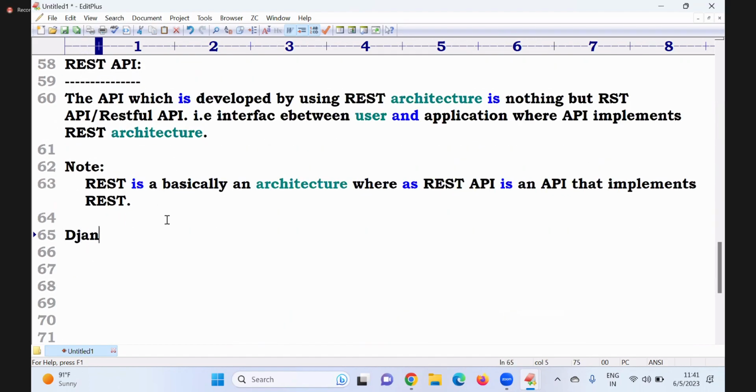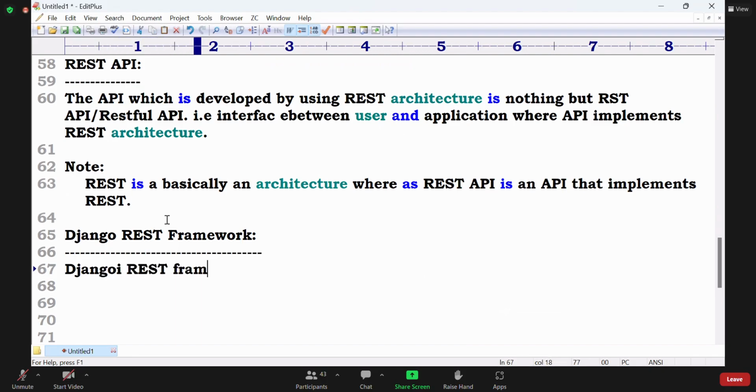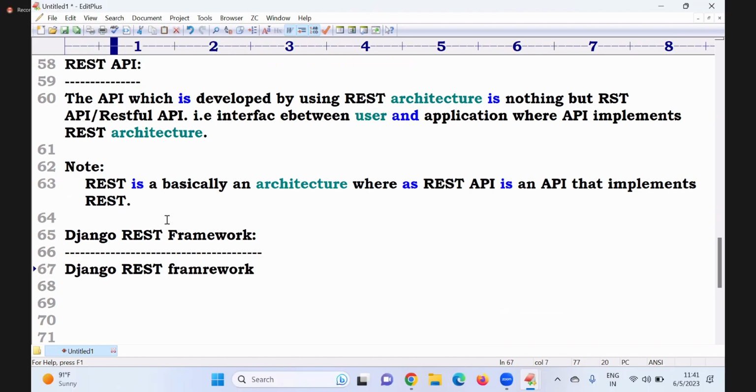Last word. Django REST framework is one of the design patterns, an architectural style. It is purely to develop API calls for Django applications. Flexible for building web APIs.